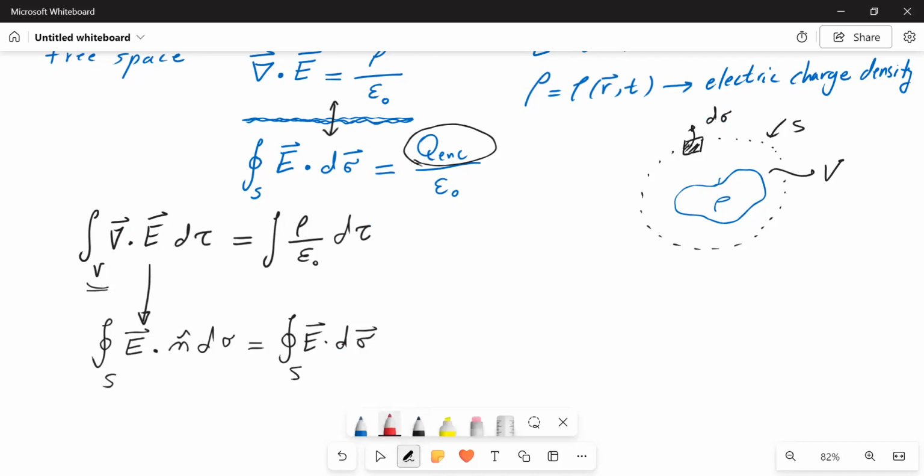So the area vector of d sigma would be pointing, let's say, in this direction, right? Now, this d tau is the volume element that this surface encloses, and that can generally be shown by this little differential cube here, which has a volume d tau. All right. Okay.